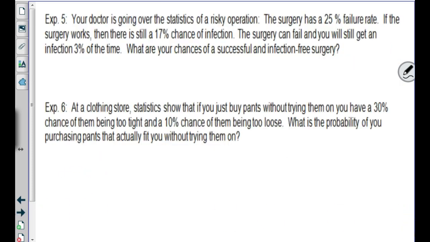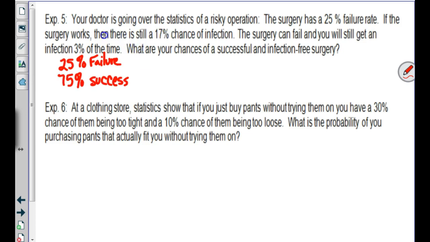Number 5 says, your doctor is going over the statistics of a risky operation. The surgery has a 25% failure rate, okay? 75% would be success then? Everybody good? 1 minus, okay.